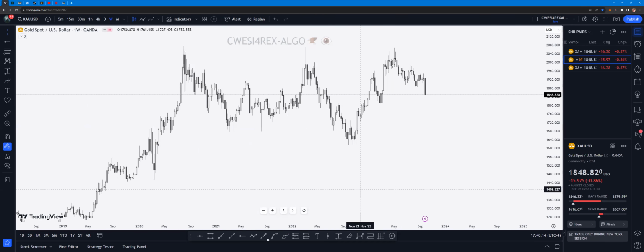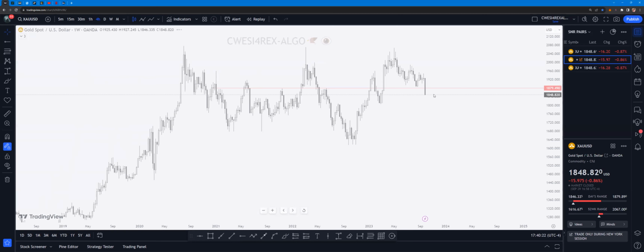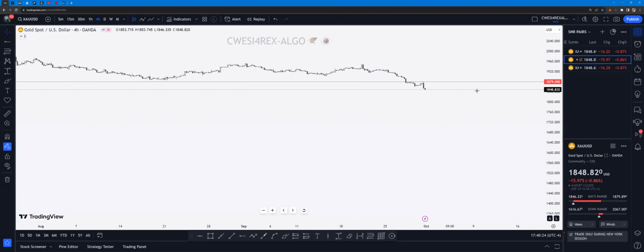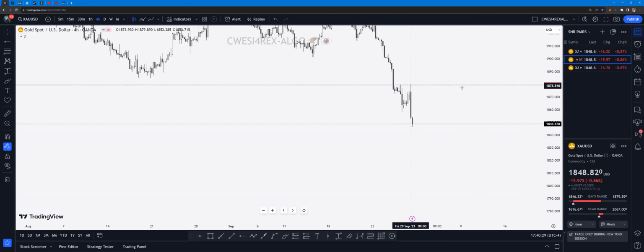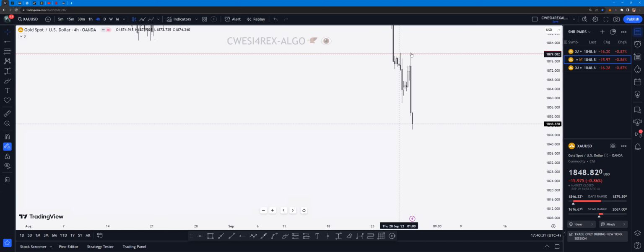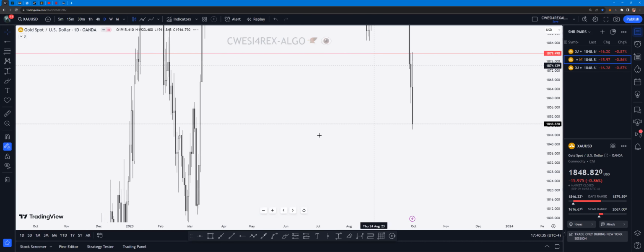This one. Yeah, you can see it's coming from that level. Then when you refine it a little bit, you see it. But that's where price is coming from.